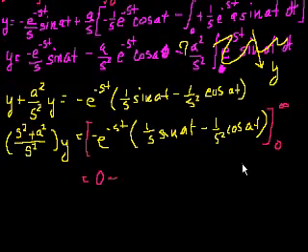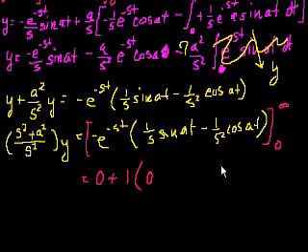Minus this whole thing evaluated at 0. So what's e to the minus 0? Well, e to the minus 0 is 1, right? That's e to the 0. We have a minus 1, so it becomes plus 1 times, now sine of 0 is 0, minus 1 over s squared cosine of 0.